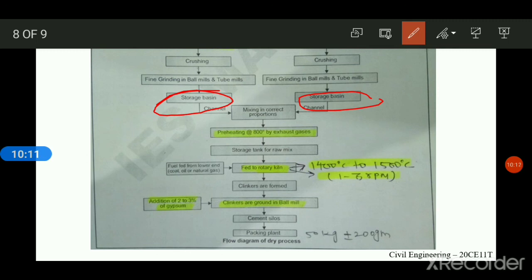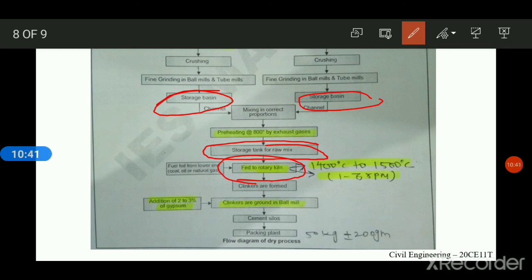Both are mixed in correct proportions, and after mixing it is stored in a storage tank, and finally rotary kiln burning. Here I have mentioned 1400 to 1500 degrees Celsius at 1 to 3 rpm.